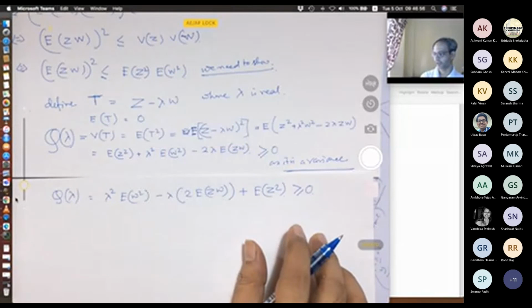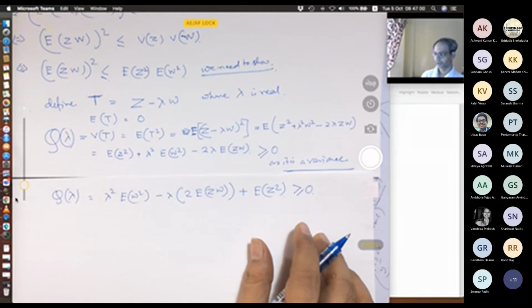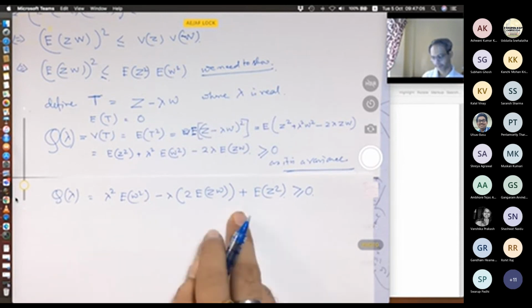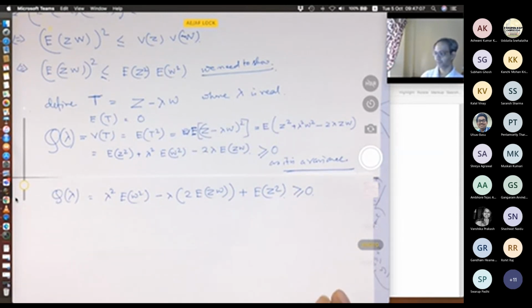Now you tell me, when this quadratic expression is taking values greater than or equal to 0, what will be the condition on its roots? Will the roots be real or imaginary? Either equal or imaginary. Yes.